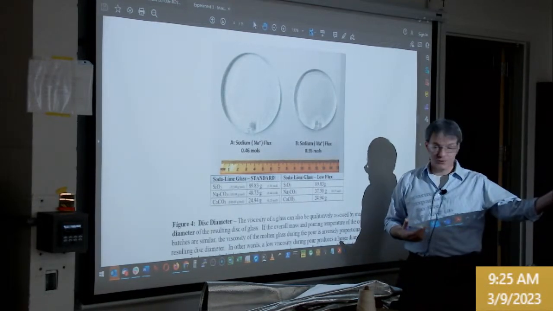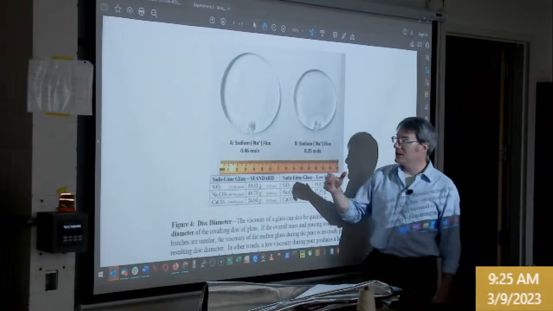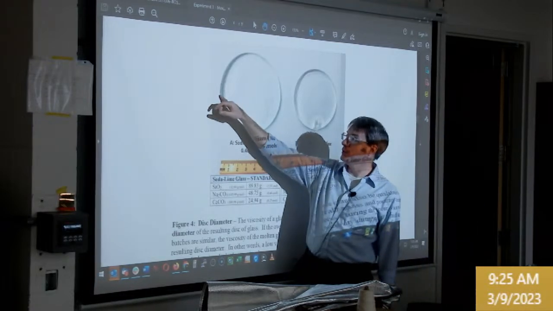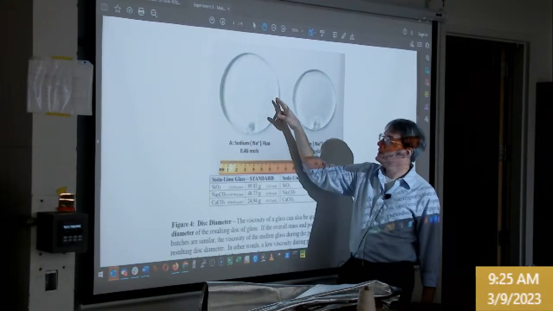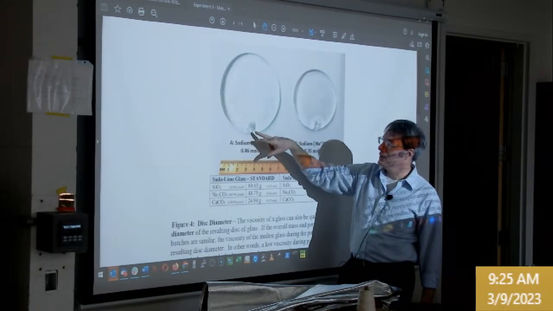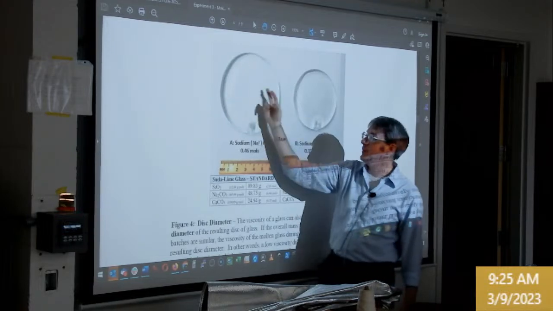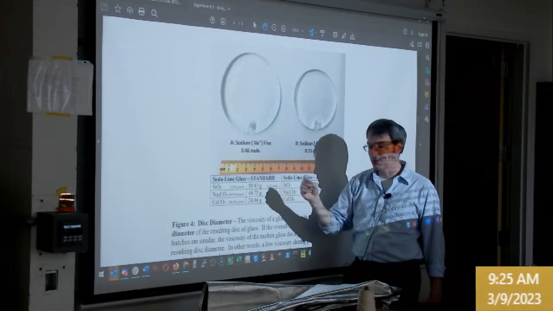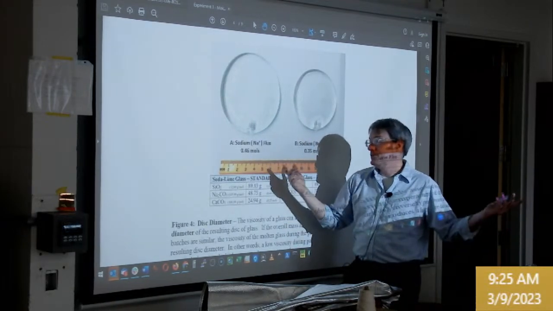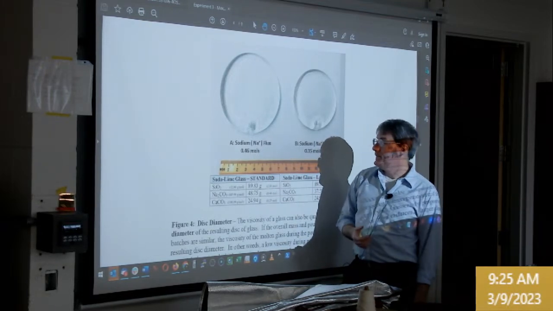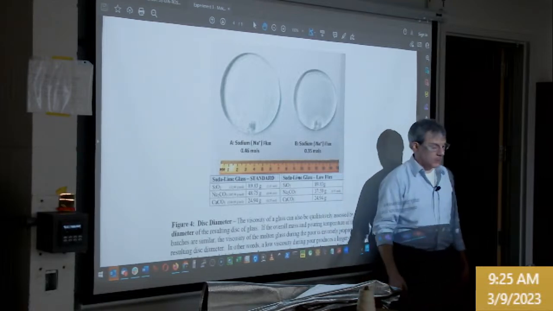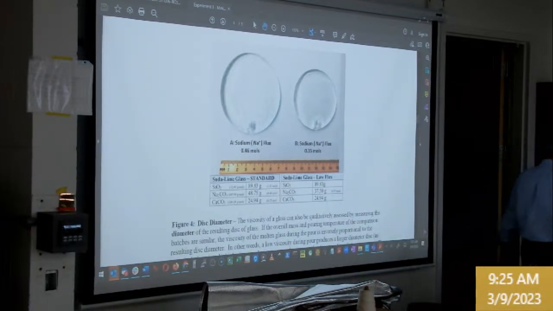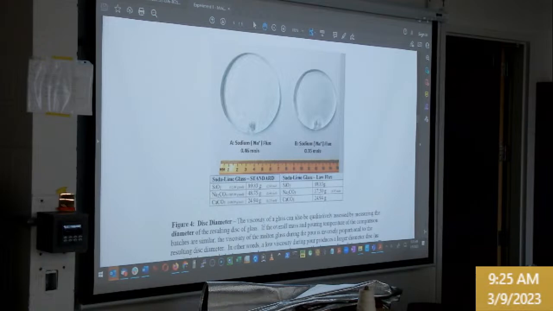So we've got rulers here, and you'll just get a diameter or two. If it seems like it's perfectly round, a single diameter is pretty good. But if it seems like it's an oval, well, you pick your major axis and you pick your minor axis and you just write 2 measurements with a slash in between. That's fine. But this is another way that you can discuss or benchmark the relative viscosity of your glass.